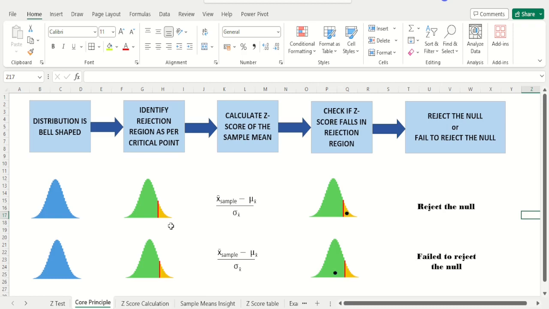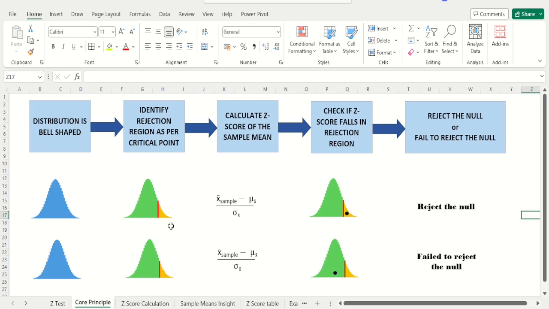So in order to do that, remember that you will take a sample. This sample will be randomly taken from the distribution, and then you will calculate the z-score of the sample. So how do you calculate the z-score of the sample? The answer lies in how you calculate the z-score of anything. Well, the z-score is nothing but the distance of a certain data point from the mean as measured in terms of the standard deviations.